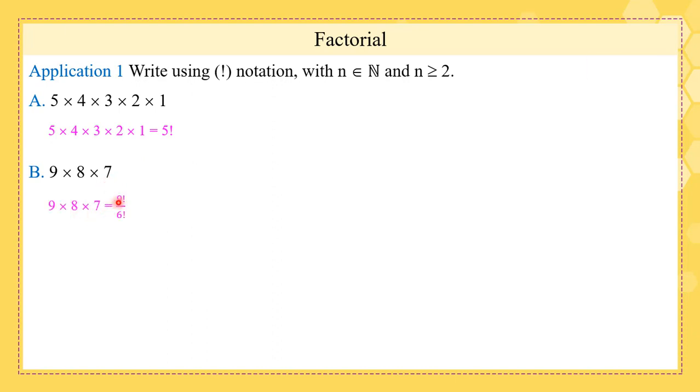Well, this would be 9 factorial over 6 factorial, because after we simplify from 6 to 1 in the numerator and from 6 to 1 in the denominator, what remains is 9 times 8 times 7. Let's see this quantity. Try also to do it alone. Well, this would be 11 factorial over 13 factorial.